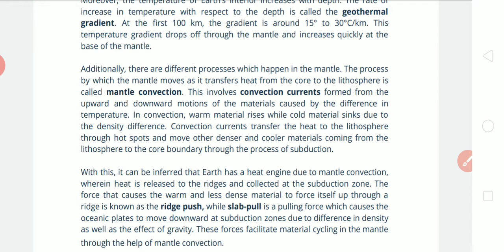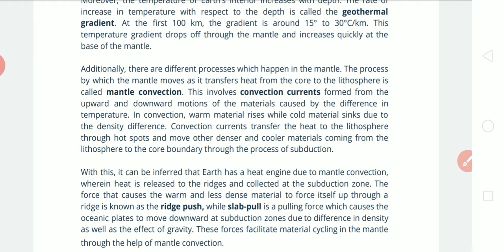But before mahitabo na siya na mechanism, there is continuously an upward and downward motion of the materials nga mahitabo, especially if there is a difference in temperature among the materials on the different layers of the Earth. Kasi nga sa convection, class, the warm materials, it rises.